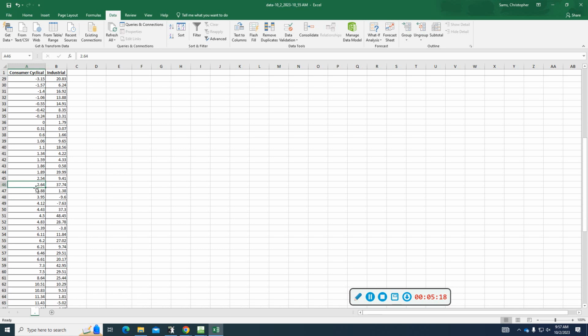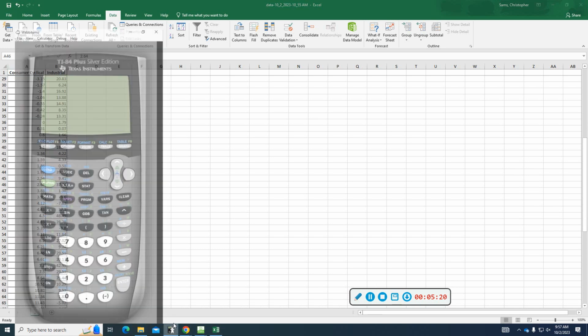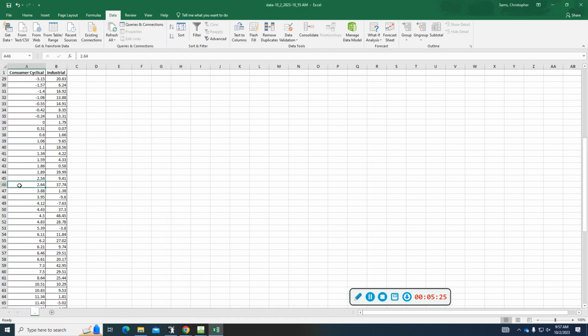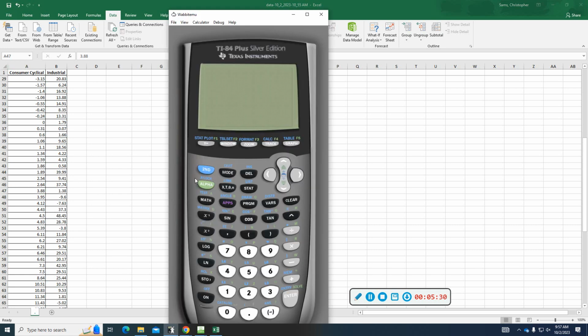We're going to add those two and divide by 2 to get the median. So 46 and 47. 2.64 plus 3.88. I'm going to divide by 2. 3.26.